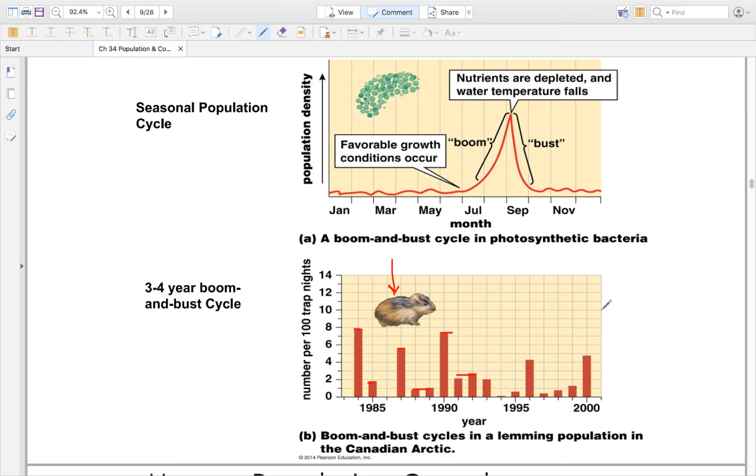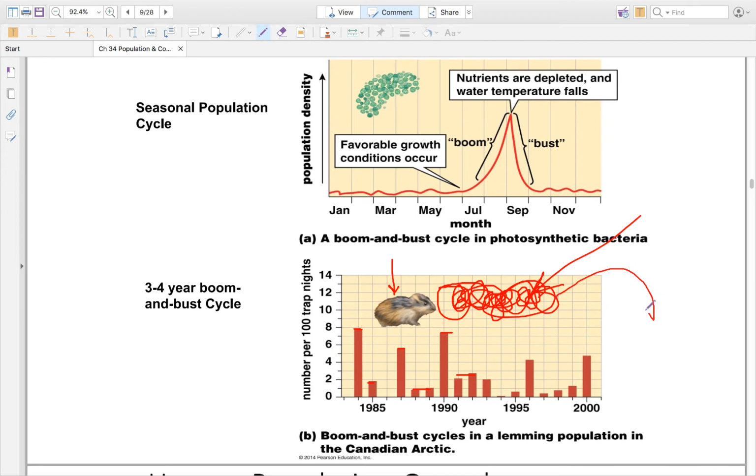So why does that happen to the lemmings? Well, there's a couple of reasons. These guys are easy targets for prey. So when they have a high population density and there's a whole bunch of these guys taking up physical space, they're an easy target for a predator. And the other thing is, when there's many of them and they're overpopulated, they start to do something weird.